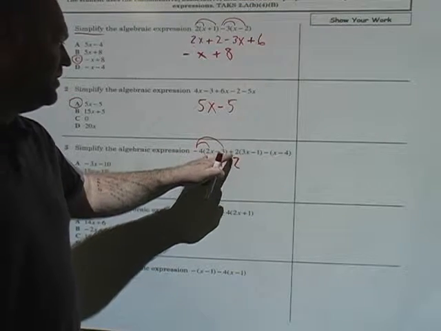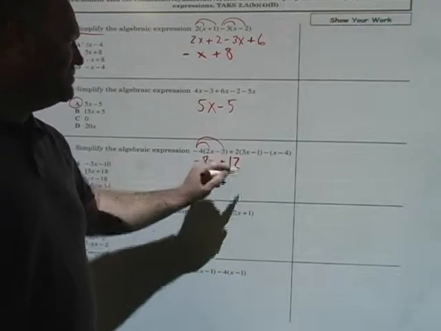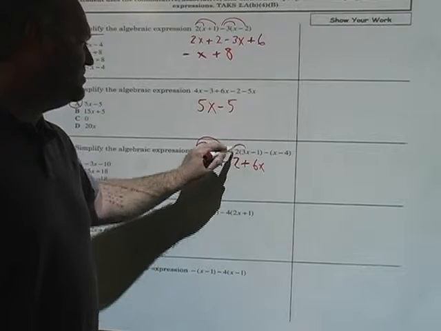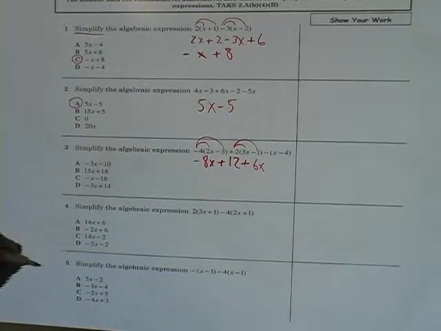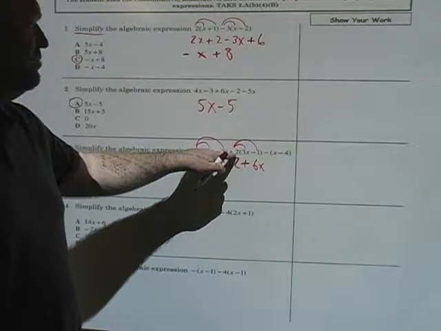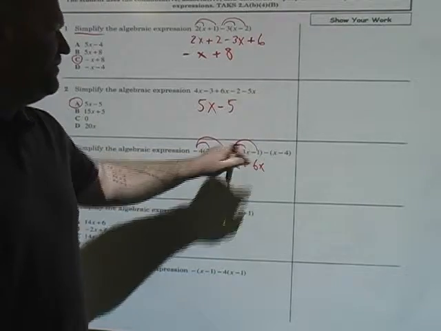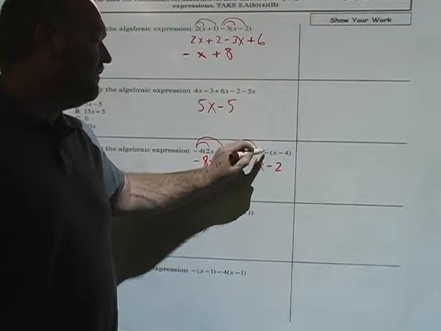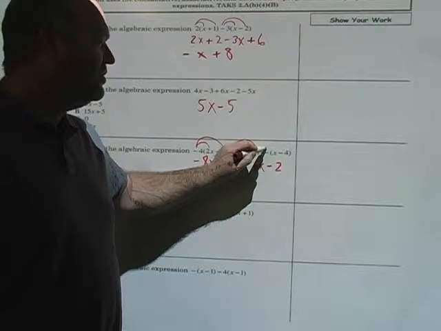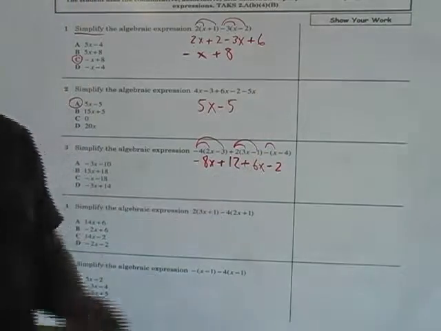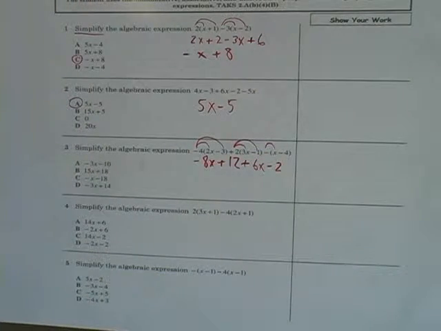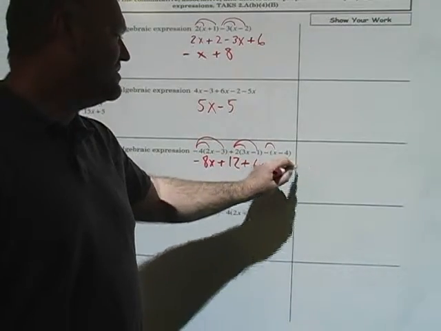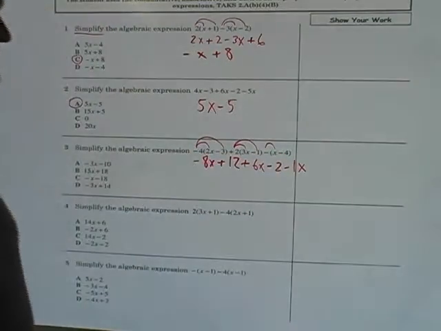Okay, we'll come over here. Plus 2 times 3x, that's a plus 6x. I'm going to take this plus 2, multiply it by everything in there. Positive 2 times negative 1 is minus 2. Okay. Now, right here, you need to think of this minus sign. You can think of it as a negative 1. So you got negative 1 times x is just minus 1x.